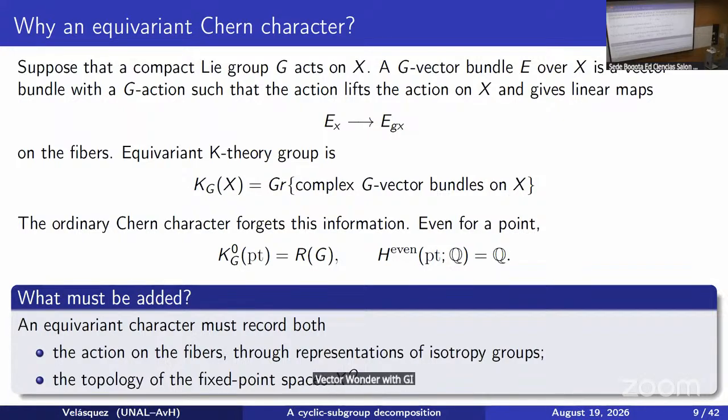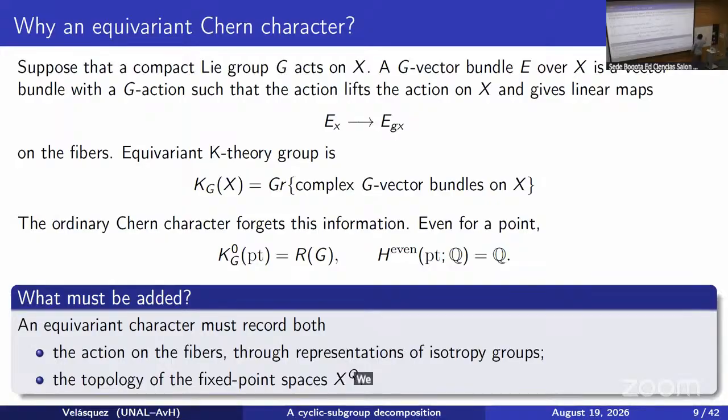What does that mean? A G vector bundle E over X is a vector bundle with G action in such a way that the action lifts the action on X. Here we have the space X and the map, here we have the vector bundle.